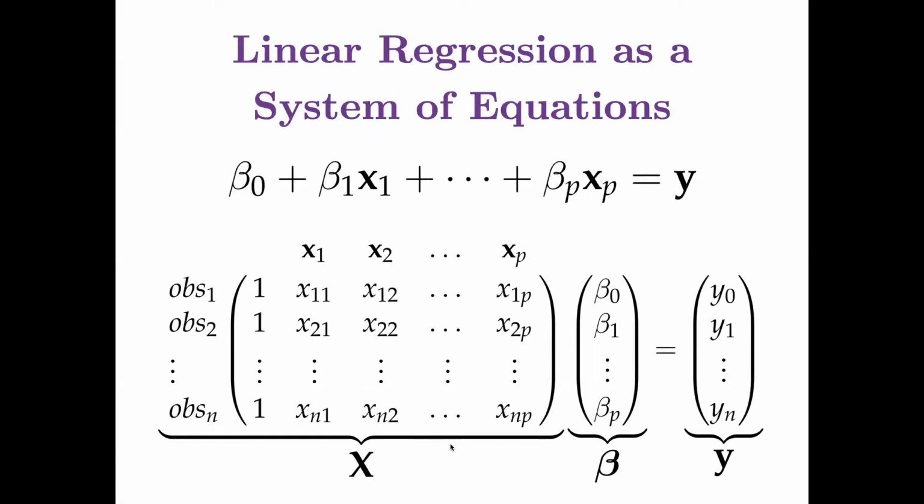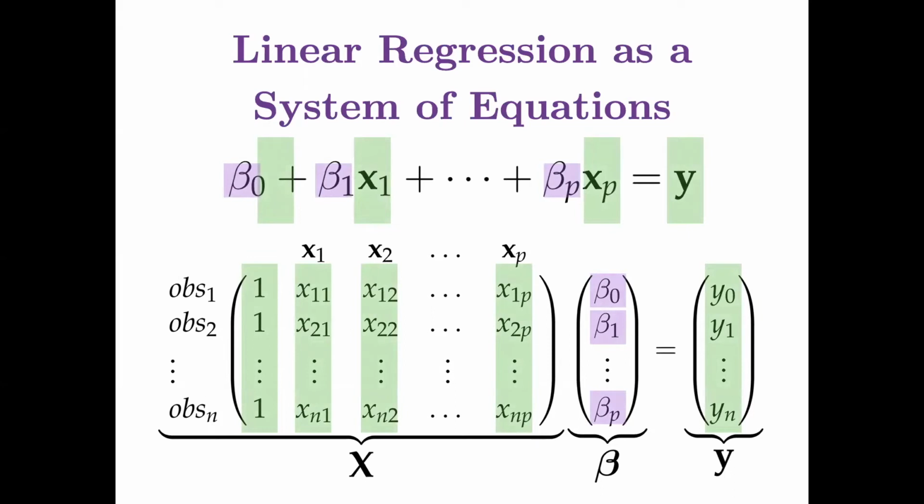So we have our design matrix times our vector of coefficients is equal to our observed responses y. Now, just to make this completely clear, when I have x1 in this equation, really that's in reference to this entire column of our data or design matrix X.